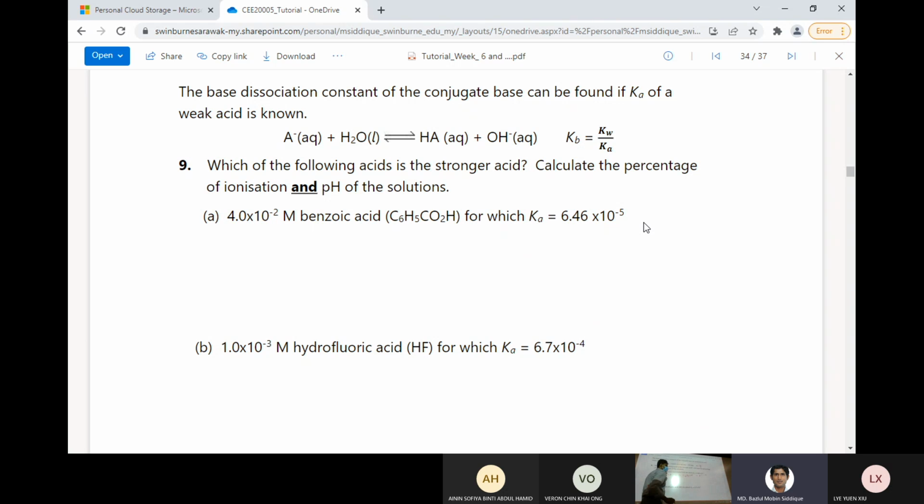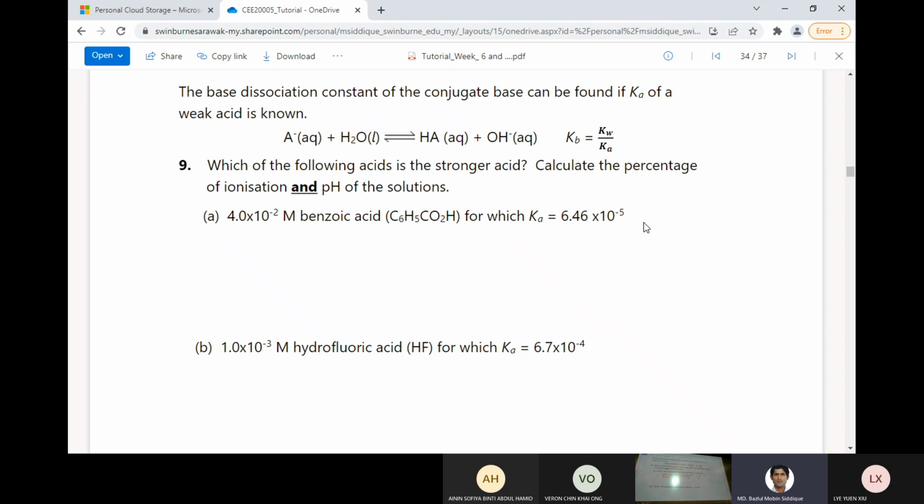So this is happening at the beginning, initial point. Initially, we have 4.0 times 10 negative second molar. At the very beginning, 0th moment, 0th second, the ionization hasn't started almost. So at the beginning, we had 0 concentration of products.